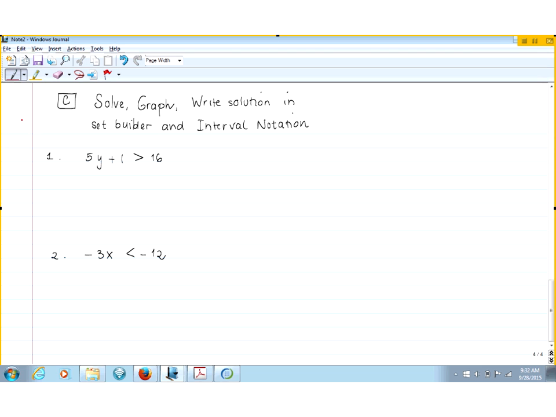We will have y on one side. Subtract 1 from both sides, and remember, I'm going to copy my inequality. So 5y is greater than 15. I cannot change my inequality to an equal sign. I'm copying my inequality.